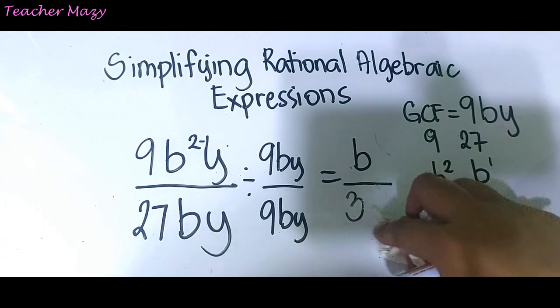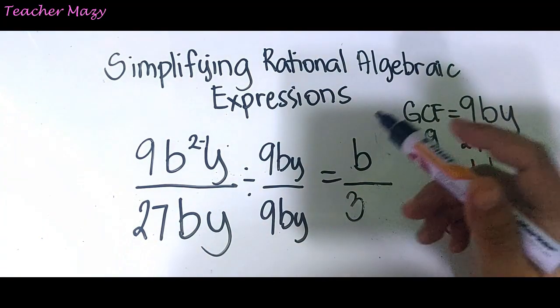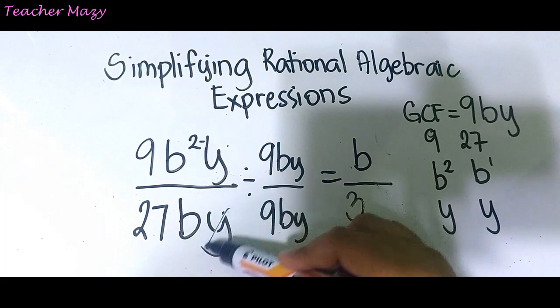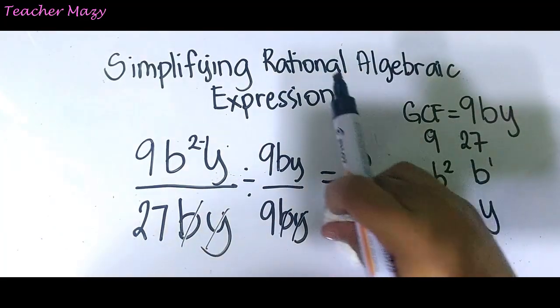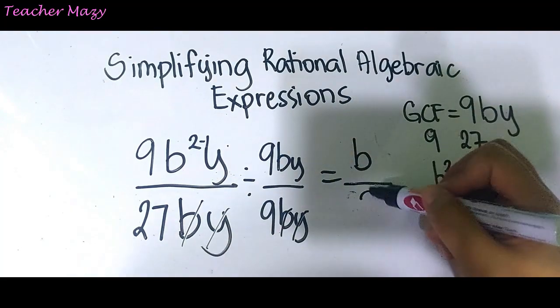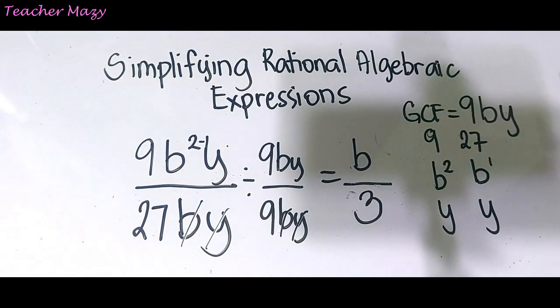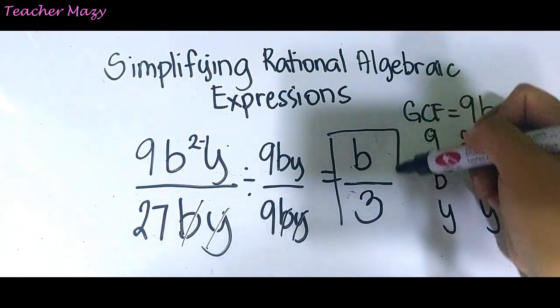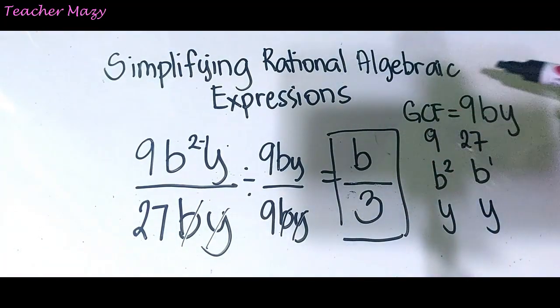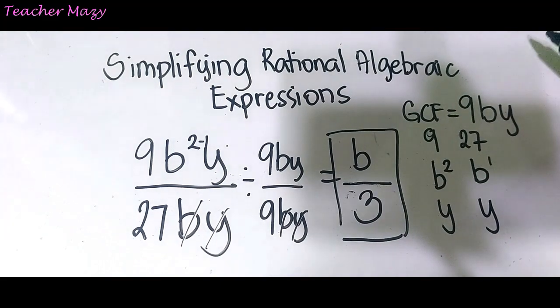Next, y divided by y is also equal to 1, or we can just cancel it. So that means the answer will be b over 3. And this is the lowest term, or the simplified rational algebraic expression.